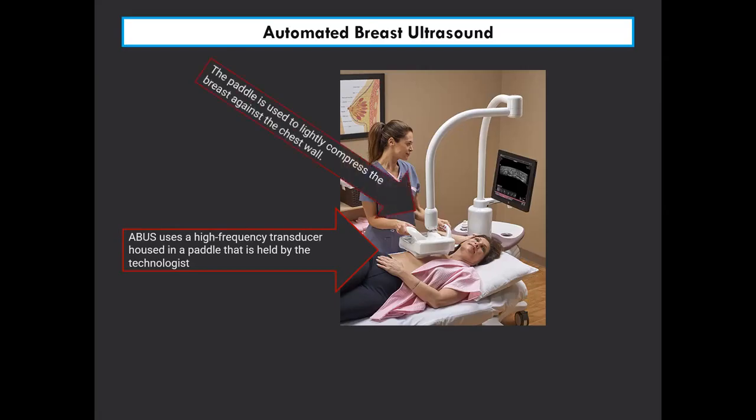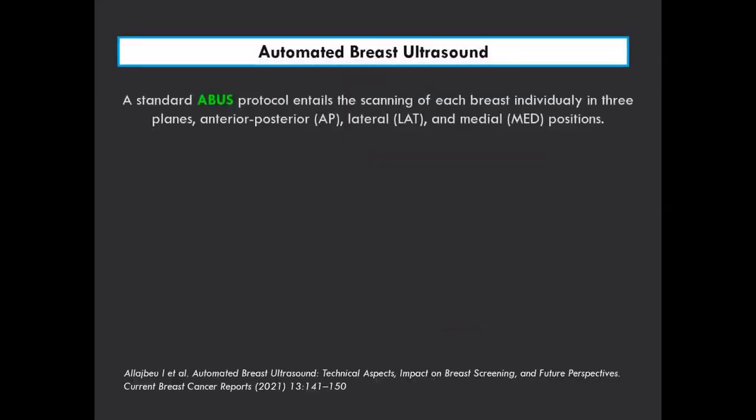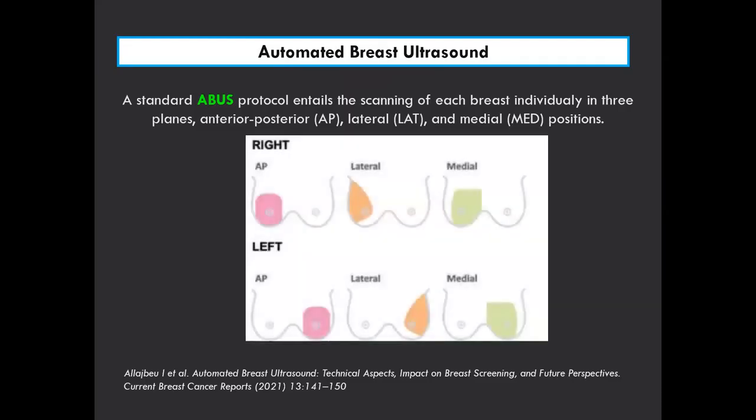The paddle is used to lightly compress the breast against the chest wall. A standard ABUS protocol entails scanning each breast individually in 3 planes. We take an AP view, a lateral, and a medial view, and sometimes we need additional views, for example, to view the axilla. And if we have a large breast, we might need additional views to cover the whole volume of the breast.